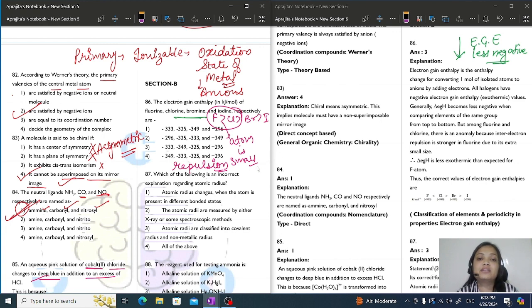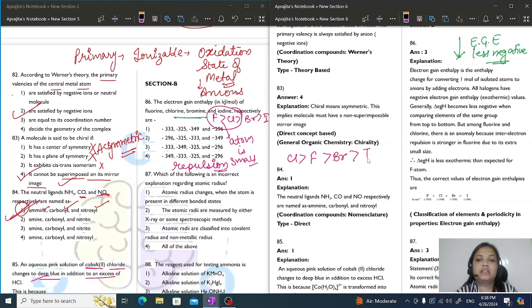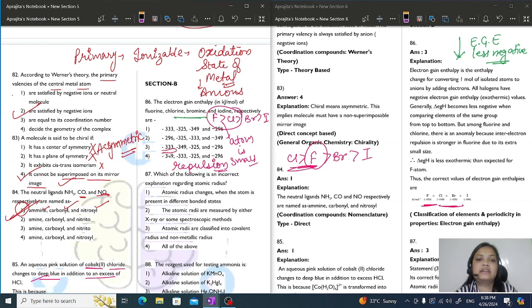That is why chlorine has the highest electron gain enthalpy, followed by fluorine, then bromine, and then iodine. So there is this change in this case. The enthalpies are given here: for fluorine it is 333, then there is an increase, then a decrease. So it's option 3. That's going to be the answer.